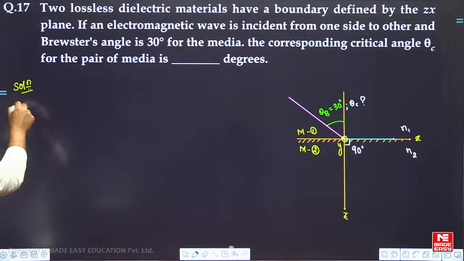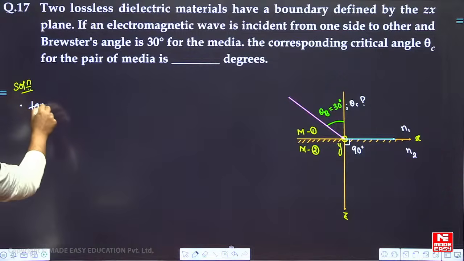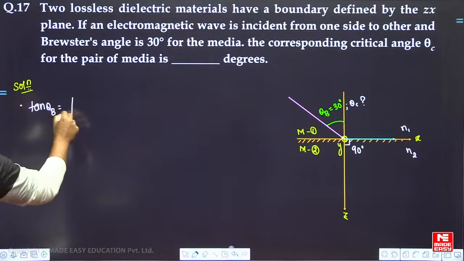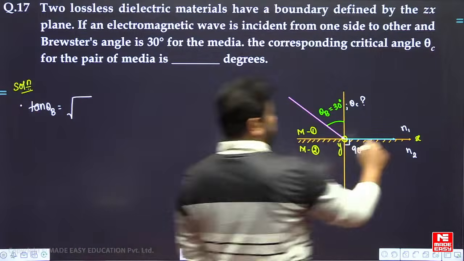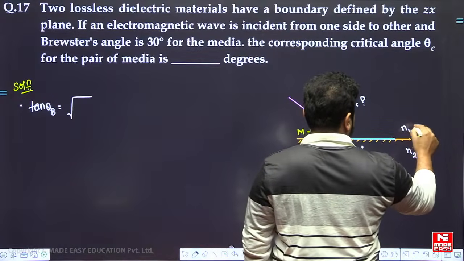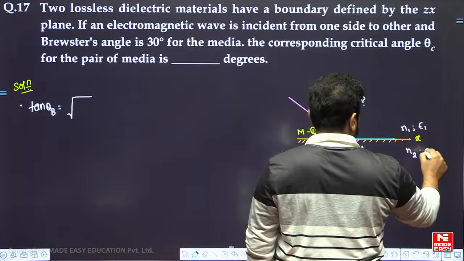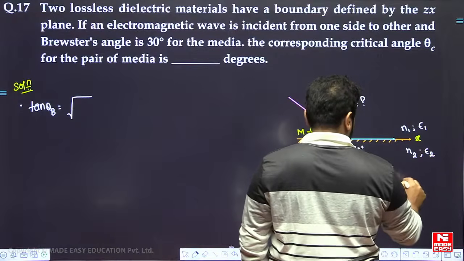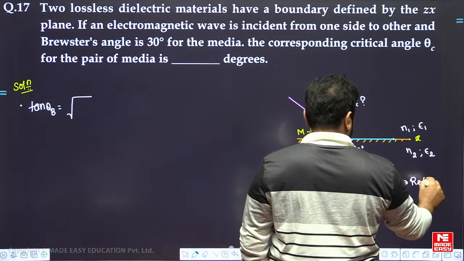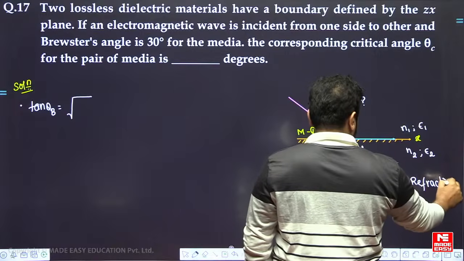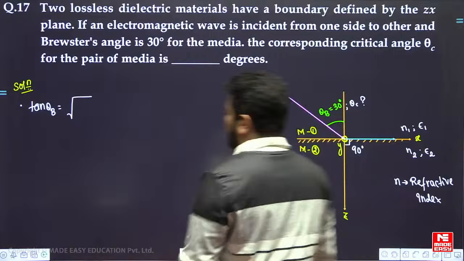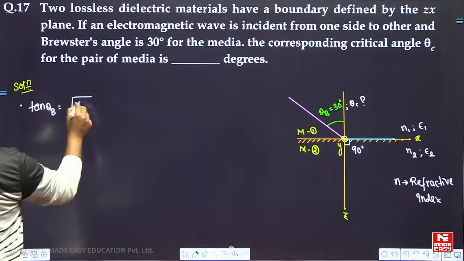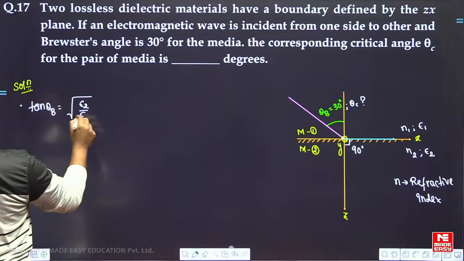Now, we know that for the Brewster angle, tan theta b is equal to root under epsilon 2 upon epsilon 1.